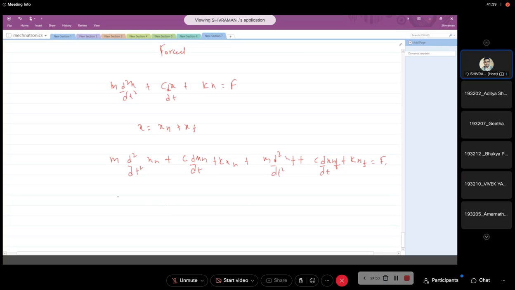So this natural component is considered as 0 when you are having a step input. Okay, so this whole term will be 0. We are considering step input for your understanding.